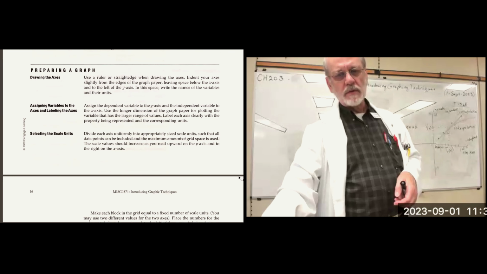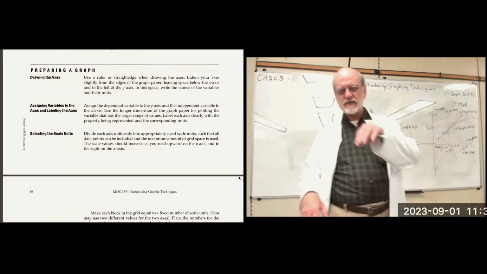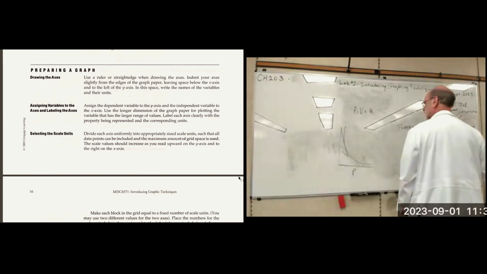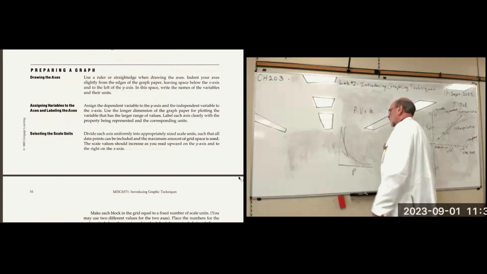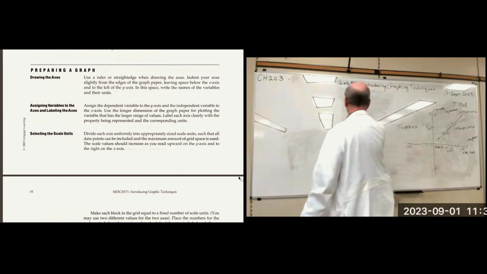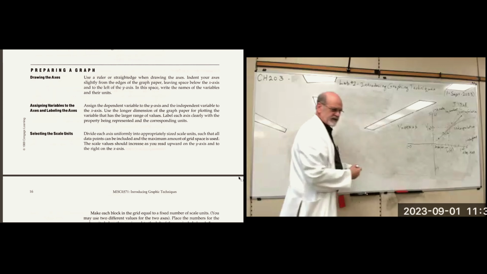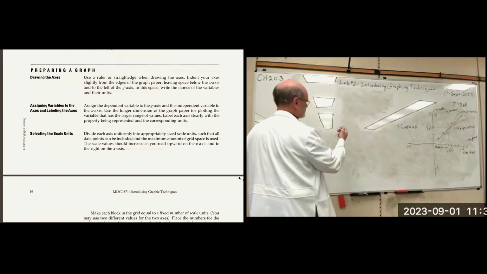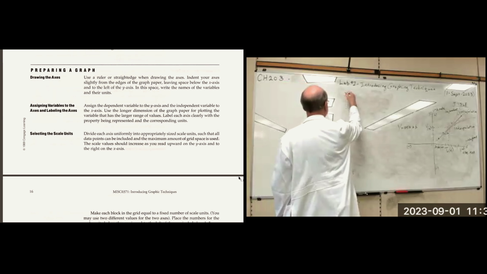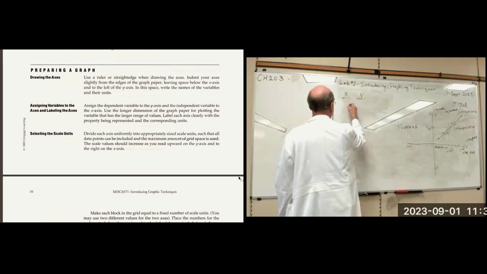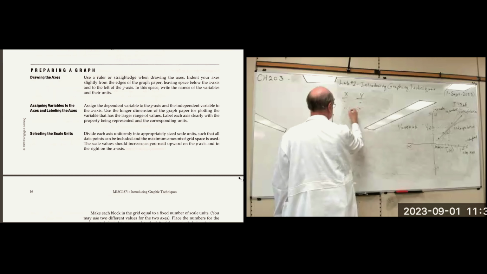Okay, so the next item in this discussion is preparing the graph. So how do we prepare the graph with a data set? Well, I don't have a good data set handy, so let's just assume we've got an X and a Y, and you've got data pairs like that.